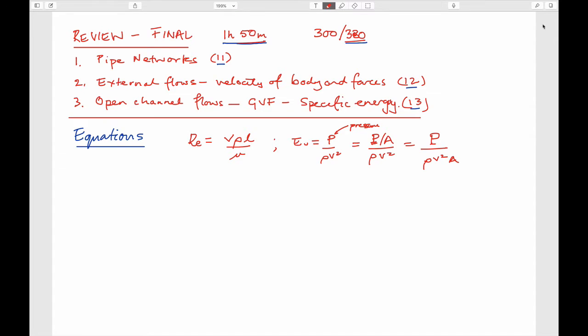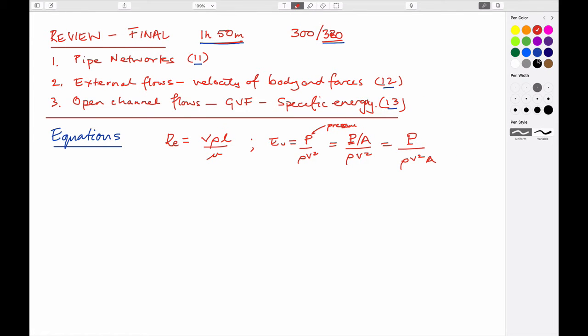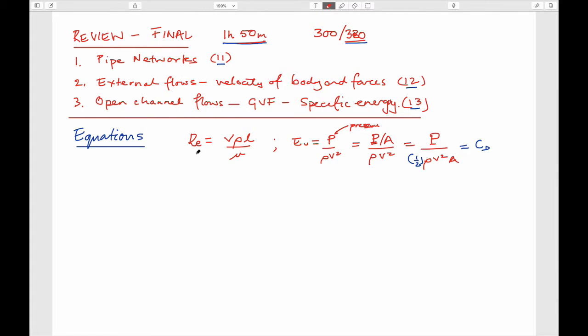And if you remember this equation here, if you put a half before it, it is exactly the same as the coefficient of drag or coefficient of lift, depending on which direction that force is applied. So Reynolds number and Euler number are important components, and of course the Euler number is really, except for a factor of 2, equal to the coefficient of drag.